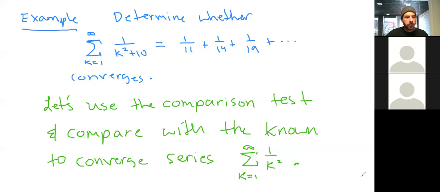Okay, so here's the observation. What I'm going to do is set my a sub k equal to 1 over k squared plus 10. And I'm going to note that this is less than or equal to 1 over k squared.